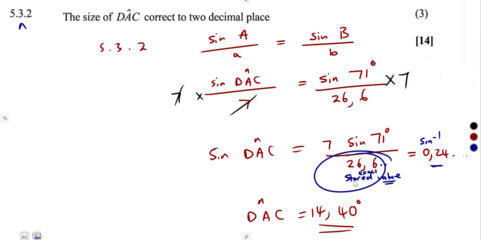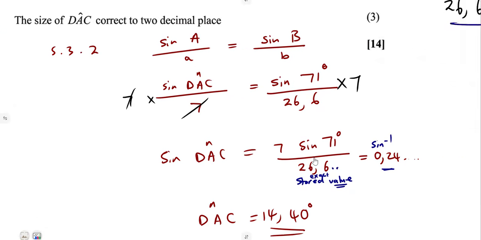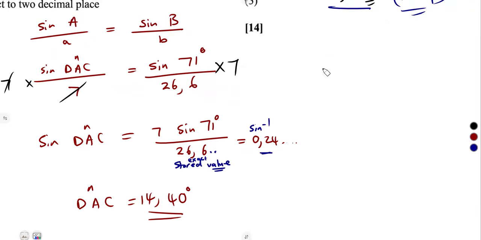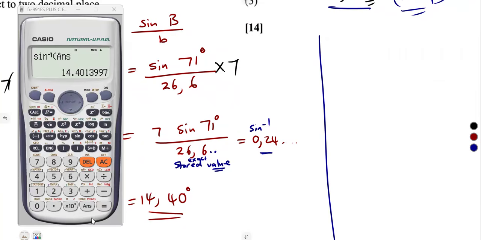If we used the rounded value, we would have 7 sine 71 over 26.6 as the rounded-off value. Then shift sine, the arcsine of your answer, would give us 14.41 to two decimal places.